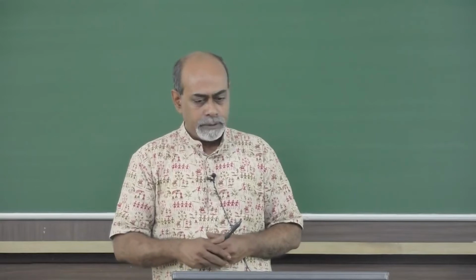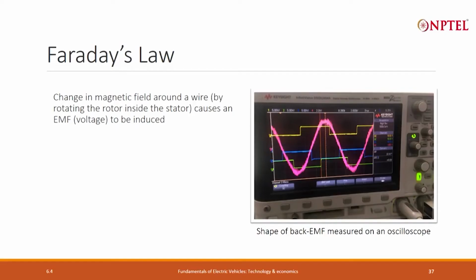So, if I just take a motor, I do not connect it to any power, and take the wires coming out of it and link it to an oscilloscope, and if I rotate the motor shaft by hand, then on the oscilloscope I will see a sinusoidal voltage, which you see in this picture, which is called the back EMF profile of the motor.